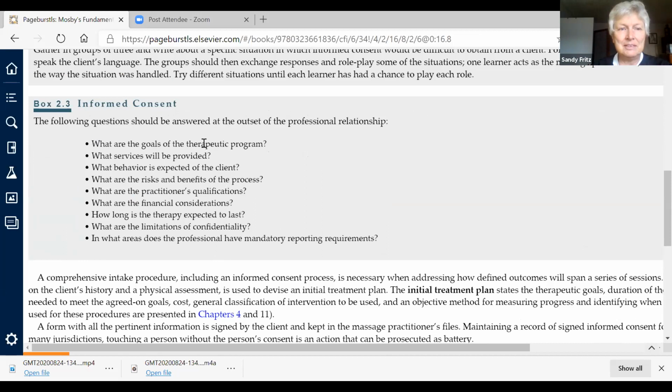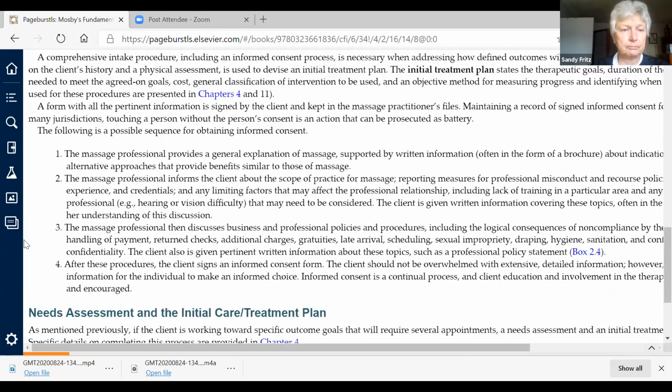But these are the things that you would want, or on your webpage, you would want to describe so that it's very clear. Then the client will agree or not agree to how you are formulating their treatment process.